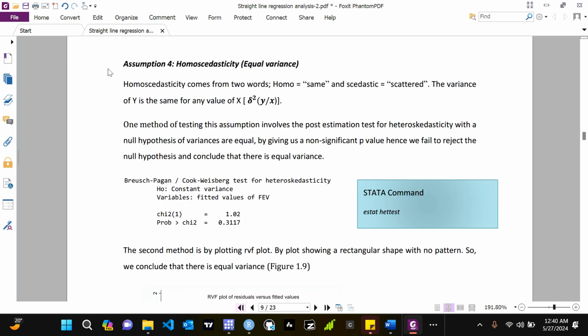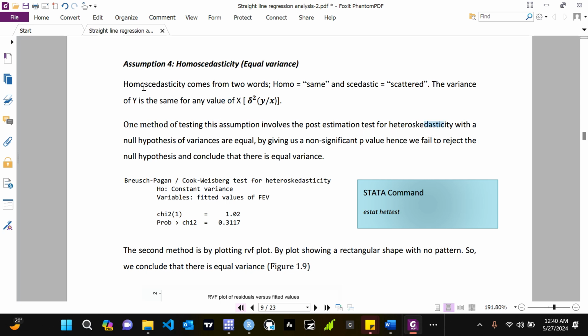So let's go ahead to the fourth assumption, which we call homoscedasticity. Homoscedasticity comes from two words, homo, same, and scedastic, scattered. So the variance of y is the same for any value of x. One method of testing this assumption involves the post-estimation test for heteroscedasticity.